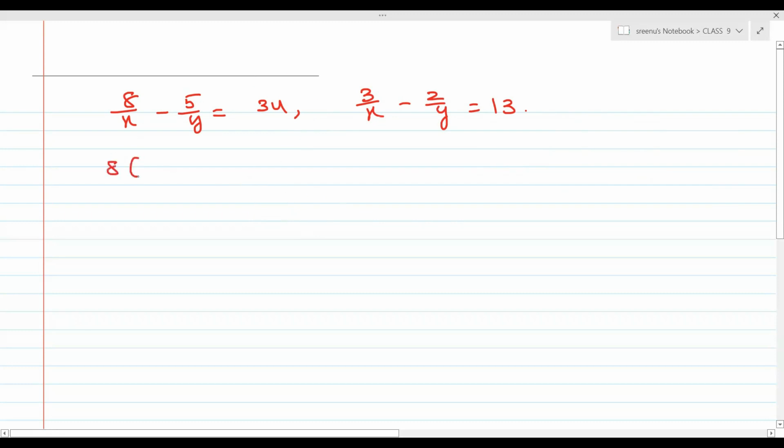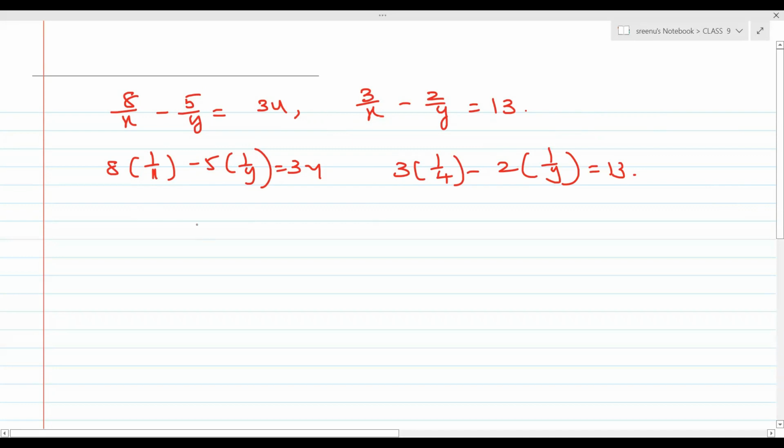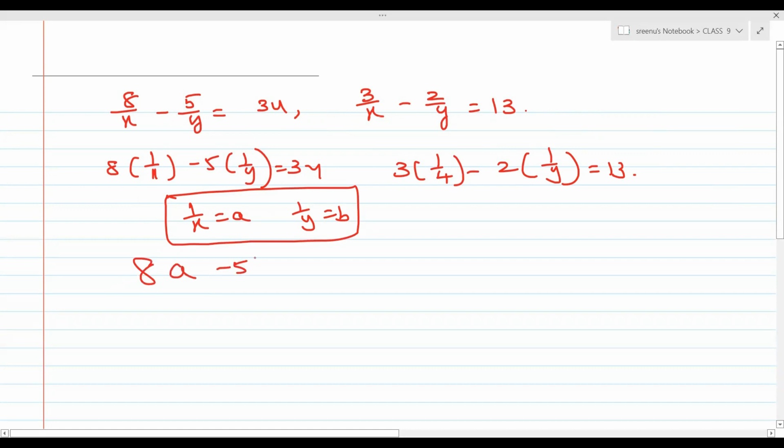So I will separate them: 1 by x, 1 by y. Let 1 by x be a and 1 by y be b. Now you will write 8a minus 5b is equal to 34, and 3a minus 2b is equal to 13.